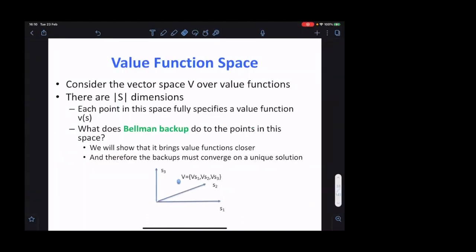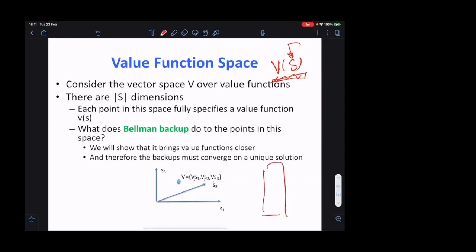Instead of doing a set-valued mapping correspondence, we do it in the function space. Think about this: given a state, you compute a value, and this function can be thought of as a vector in a high-dimensional space. Let's say you have a finite number of states: state 1, state 2, state 3.